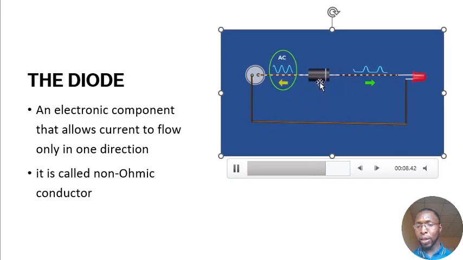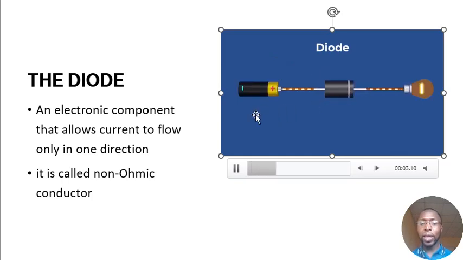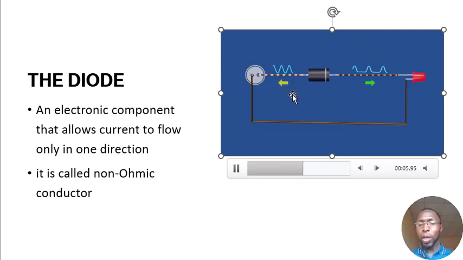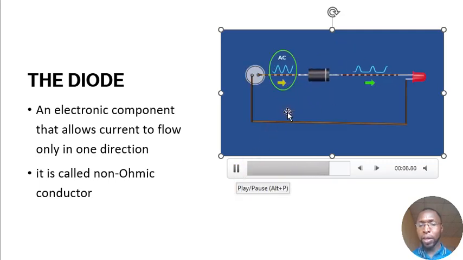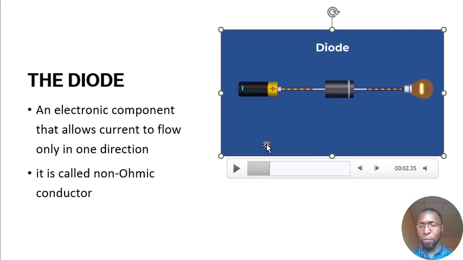In this case, it can convert AC current to DC current. And this happens because when you connect a diode to a battery, the electrons from the battery begin to flow, and when it gets to the diode, it activates the cathode that is in the diode, and then the cathode emits its electrons and they begin to flow.